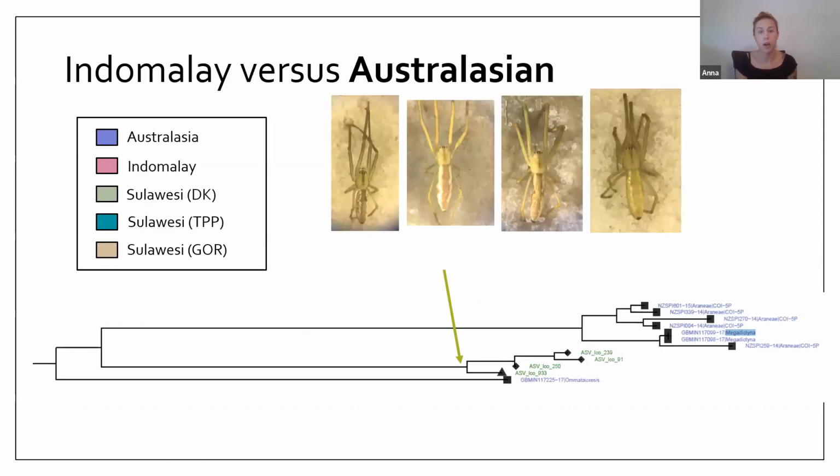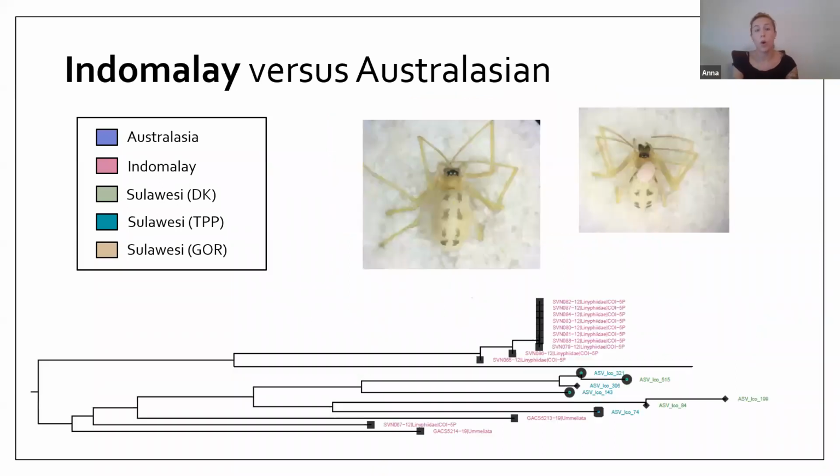This is an example of a clade represented in green, from Sulawesi, that's nested among taxa from Australia. So seeing a clade nested here suggests there might be Australasian origins for some clades, while other groups like these linophiids, where the blue and the green are the Sulawesi taxa, are nested quite tightly in a linophiid clade from the Indo-Malay region.